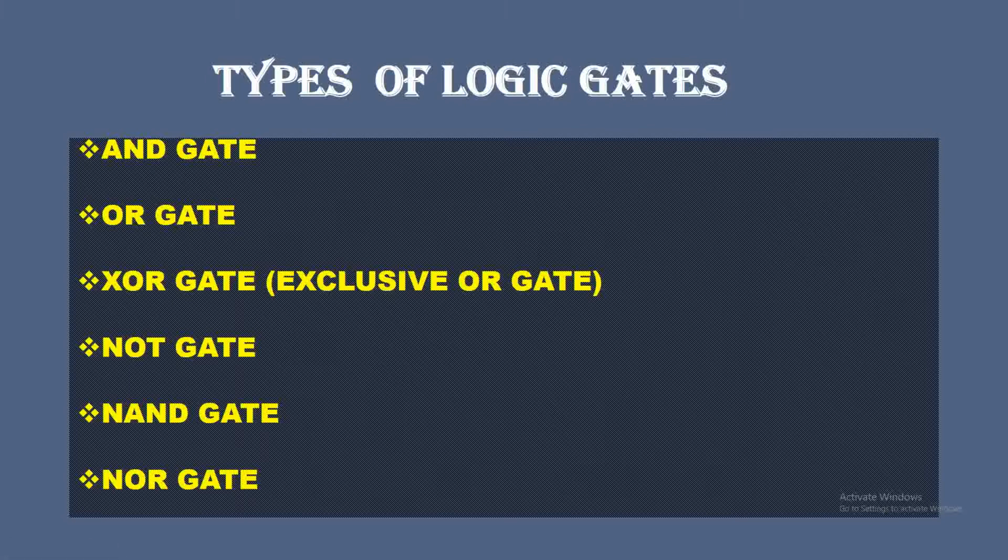We are going to start with the NOT gate, because of its uniqueness among the other ones. It's unique in the sense that it has only one input and one output, unlike the other gates, which all have 2 inputs and one output.